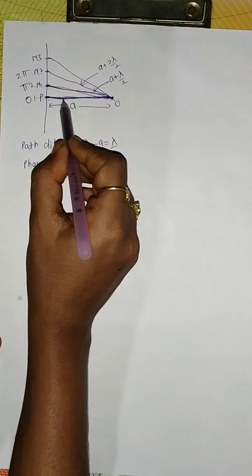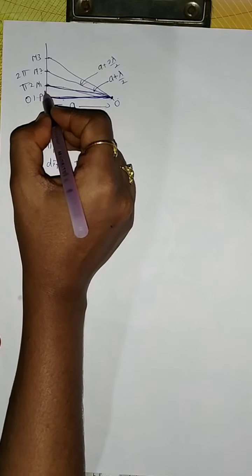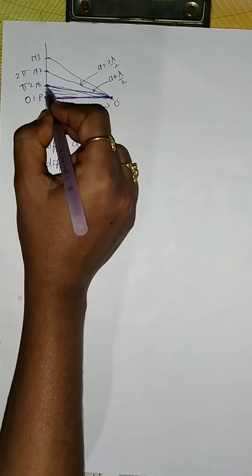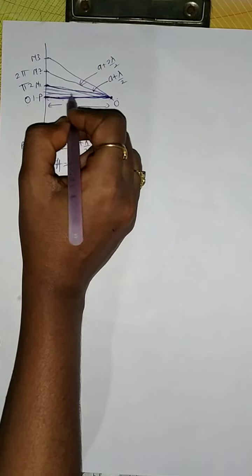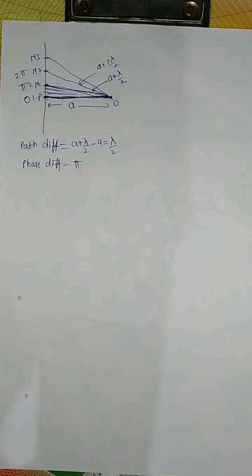See, this ray phase difference is 0 and these rays phase difference is 0, and some rays will be in between these two points. They are coming between O and M1 also. So in between, whatever rays are coming, what would be their phase difference?